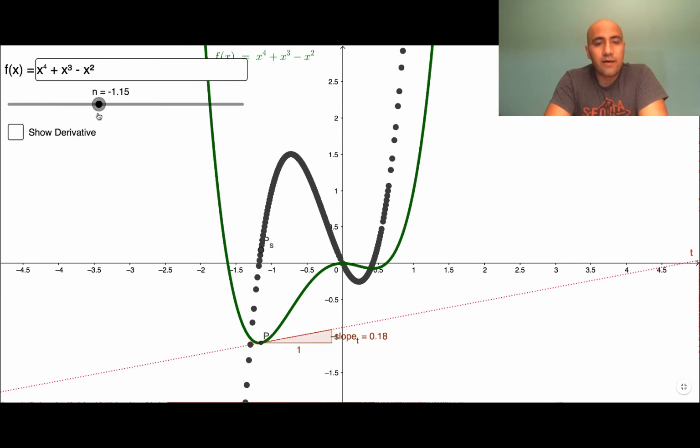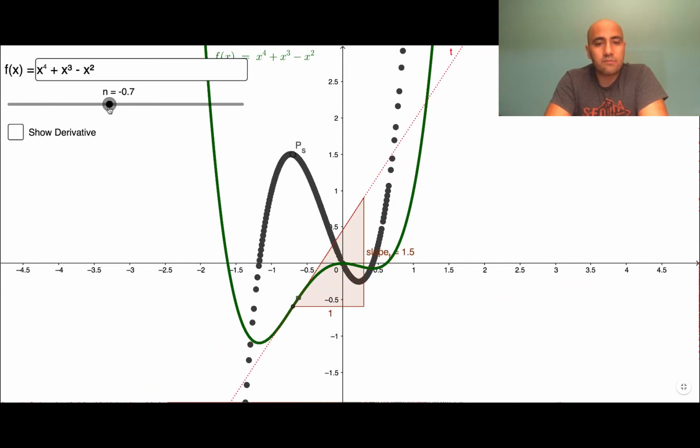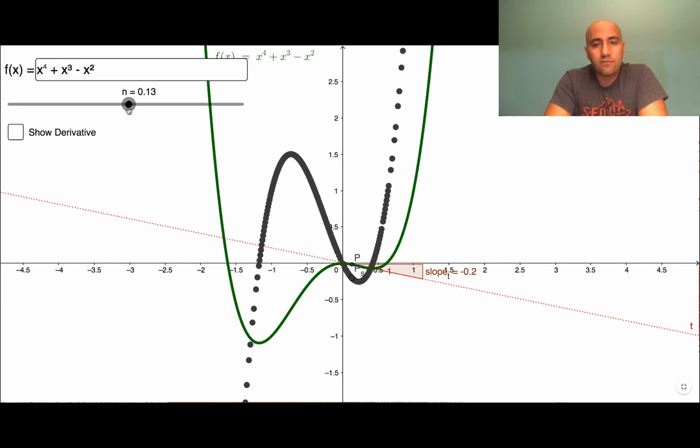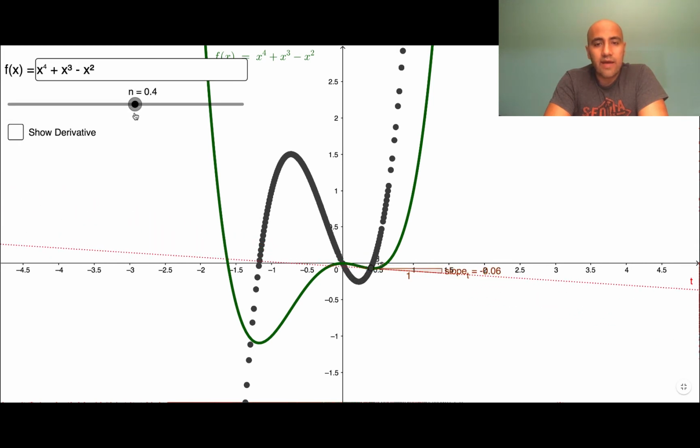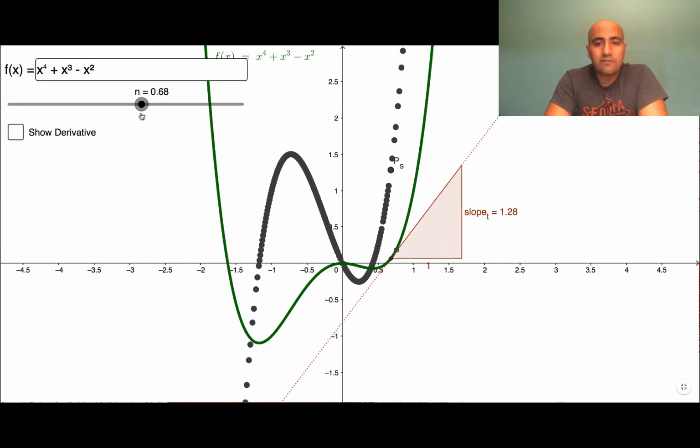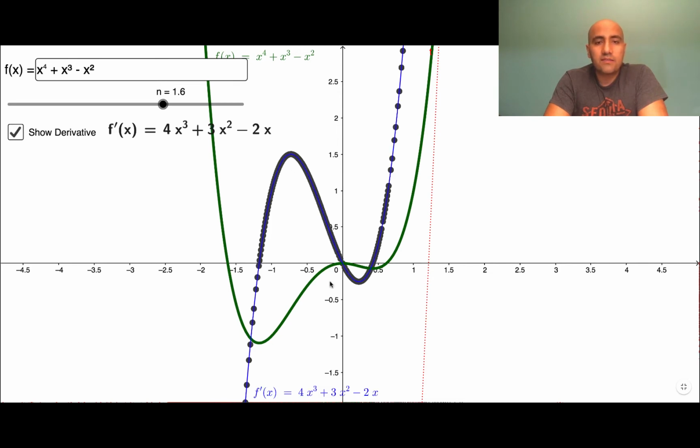Turns into a small positive, bigger positive, the biggest positive, smaller positive, 0. Small negative, biggest negative, small negative, back to 0. Small positive, bigger positive, really biggest positive. Okay, so if we keep doing that, eventually we would get to this, and that would be the graph of the derivative function. We'll have more opportunity to practice with those later.